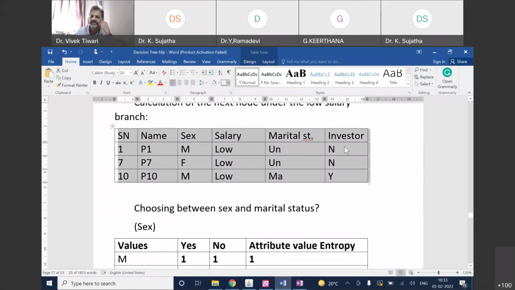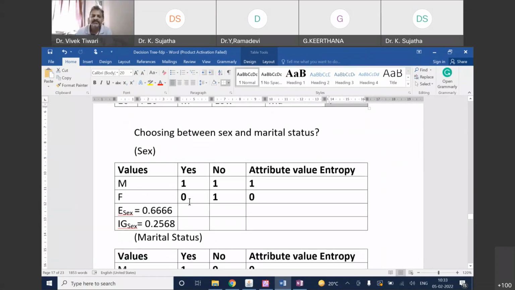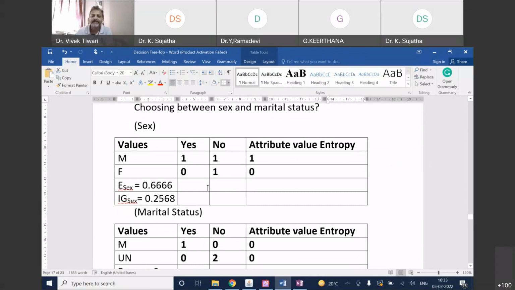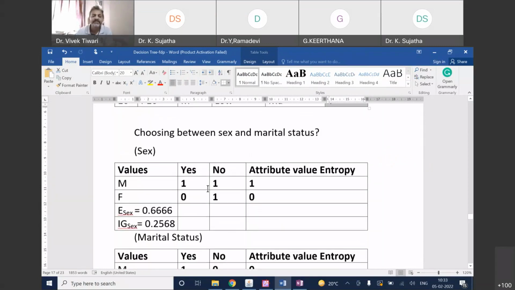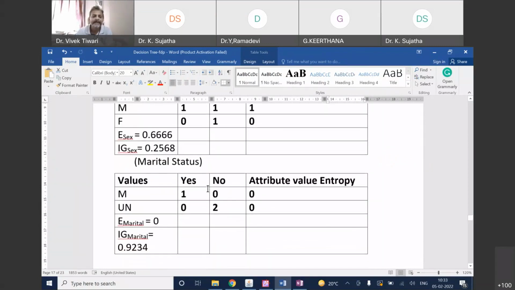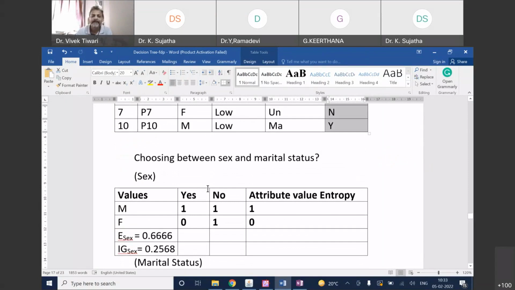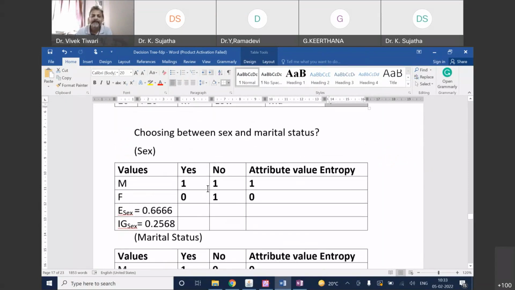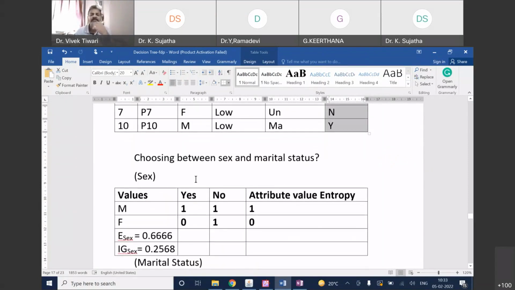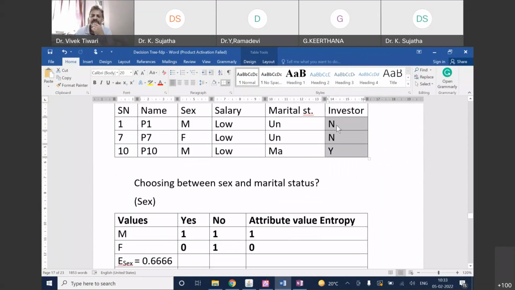This is the complete data set, and that's the class label. So first we have to recalculate the entropy of the class, because without the entropy of the class you cannot calculate the information gain of the attribute.